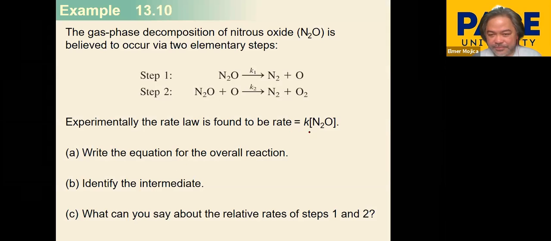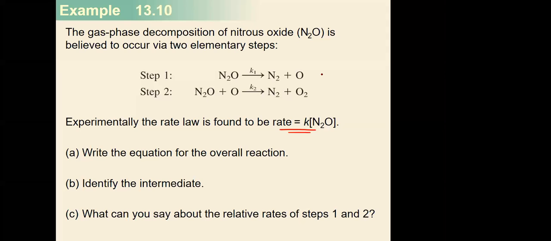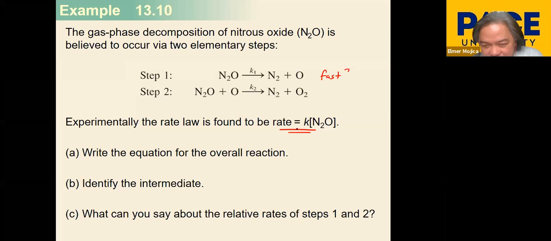So this is your rate law. So what do you think is this one? Slow or fast? Fast. Is that the fast? Where do you find only N2O?